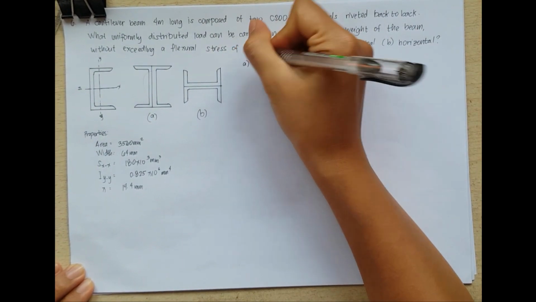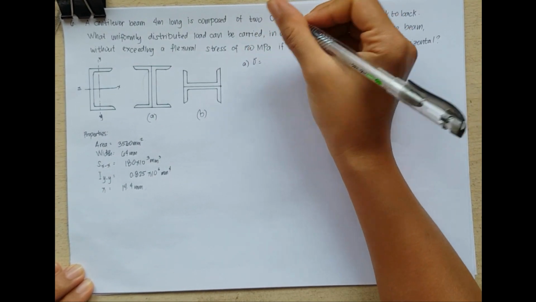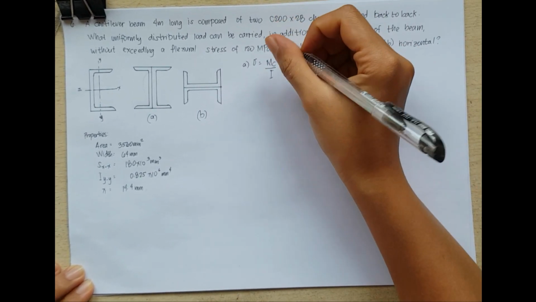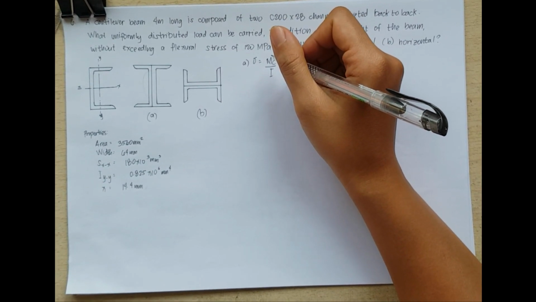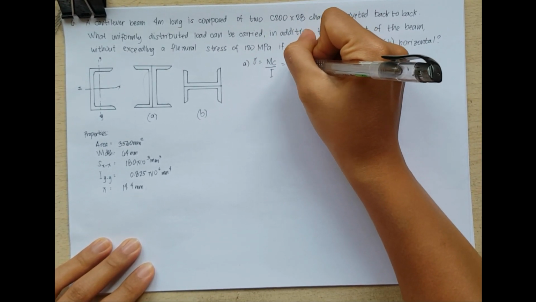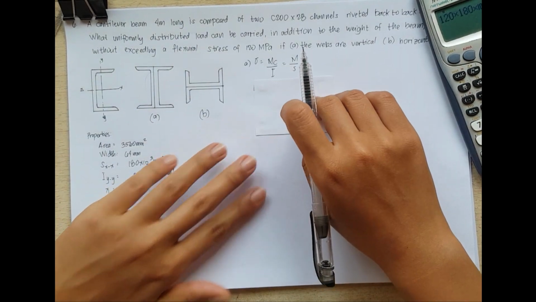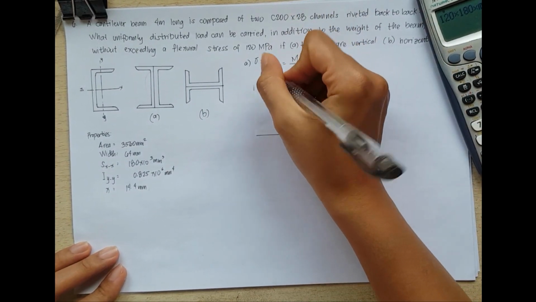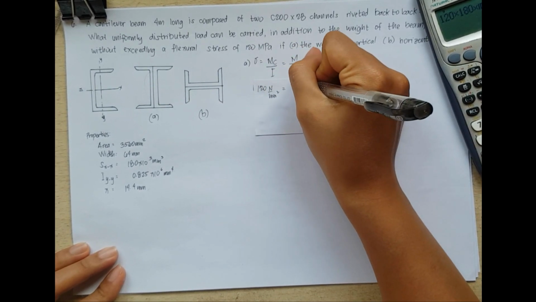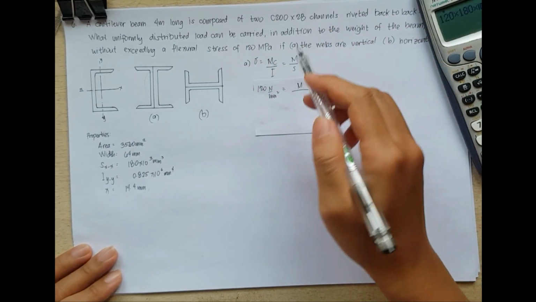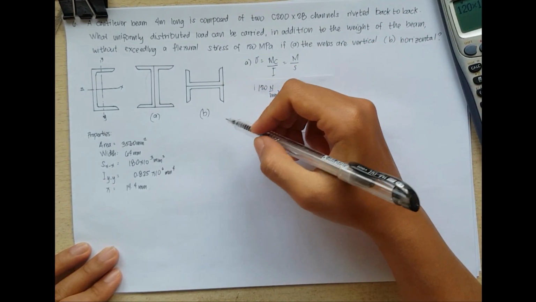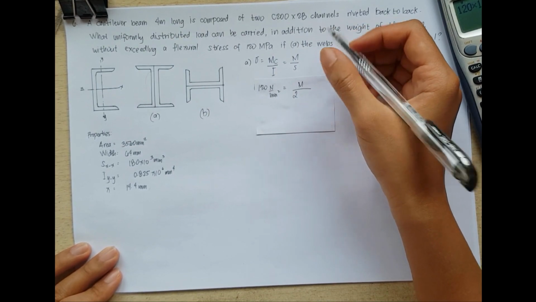So for letter A, we have the flexural stress is equal to Mc over I. But since meron na tayong given na section modulus, pwede natin gamitin yan. So we can say that it is M over S, and our flexural stress is equal to 120 megapascal. And then moment. Since it is riveted back to back, i-consider natin twice yung ating section modulus.